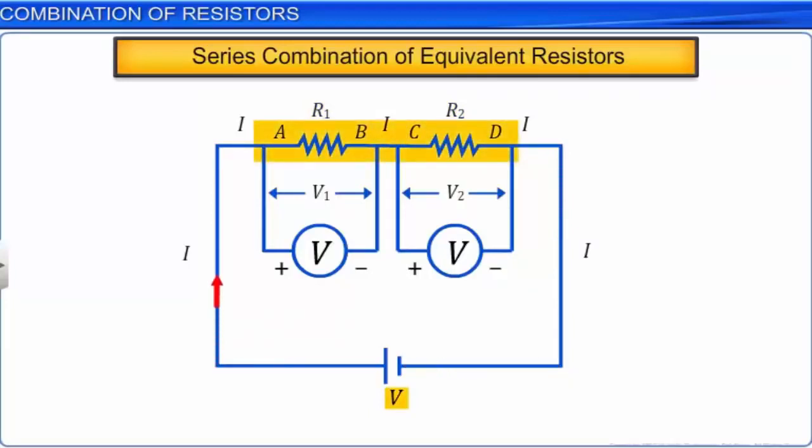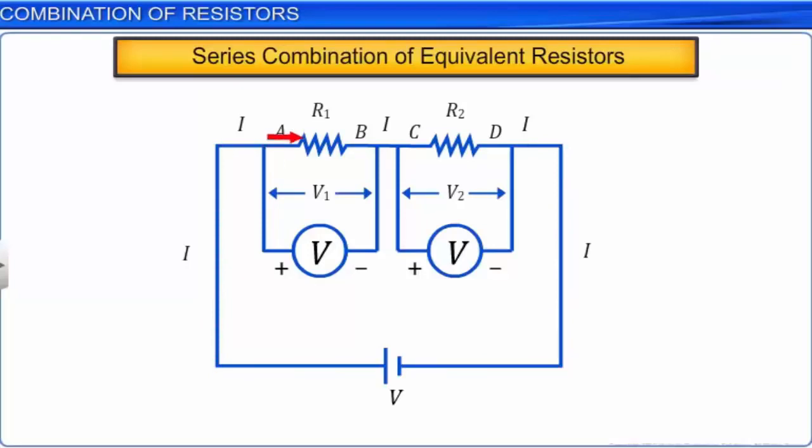V is the potential difference between points A and D. The charge that leaves R1 enters R2. As current is the measure of the rate of flow of charge, the same current I must flow through R1 and R2.